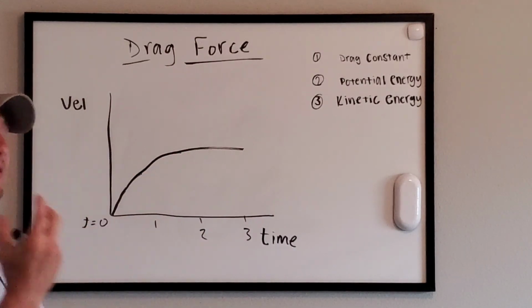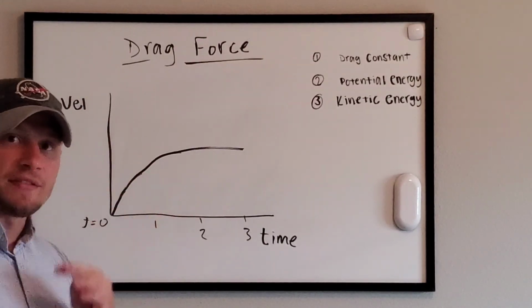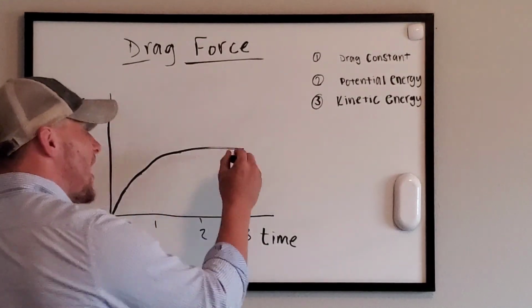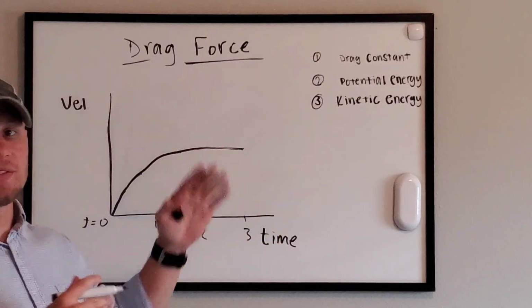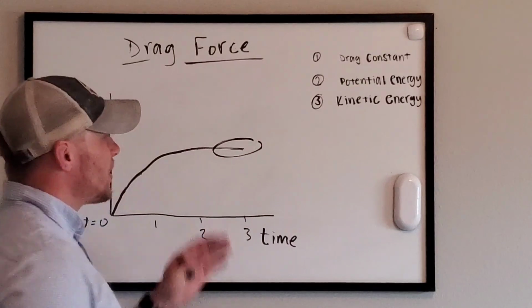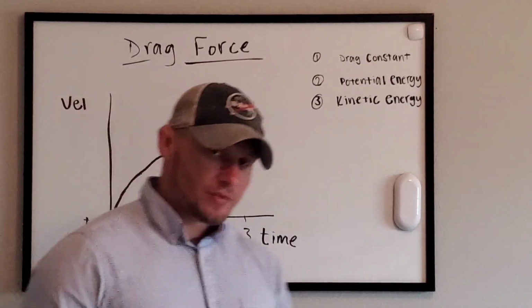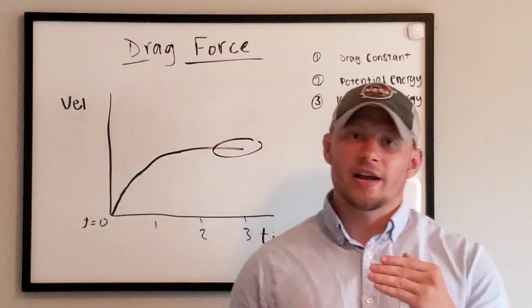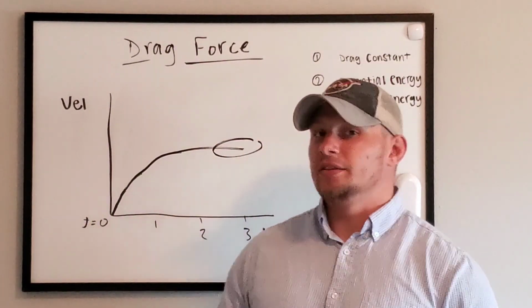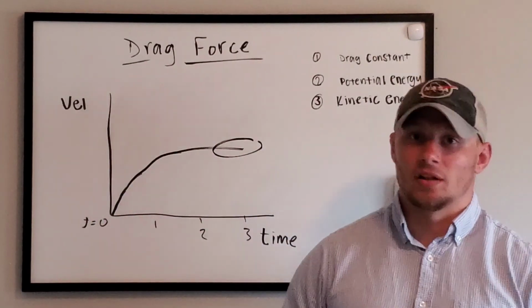That's because the drag force was equaling the gravitational force. So at that point in our representation, it was 3 seconds. At 3 seconds, it reached what we call terminal velocity, and that's when the gravitational force and the drag force are just about equal, and in our case, the coffee filters will no longer gain any more velocity.